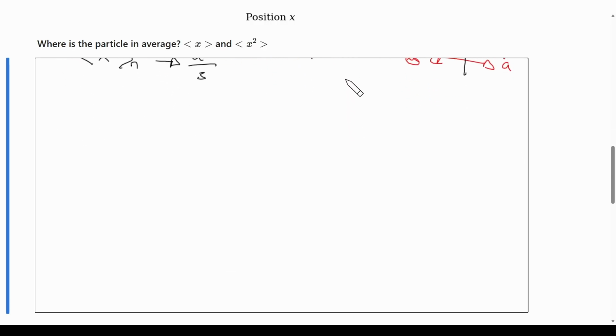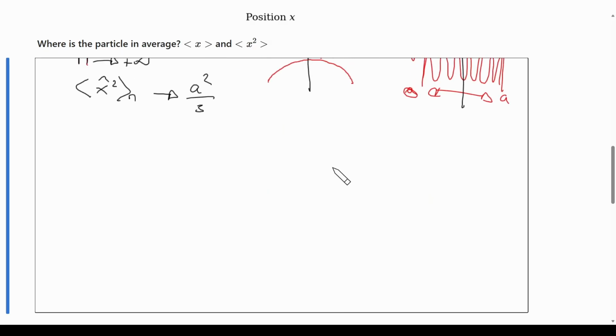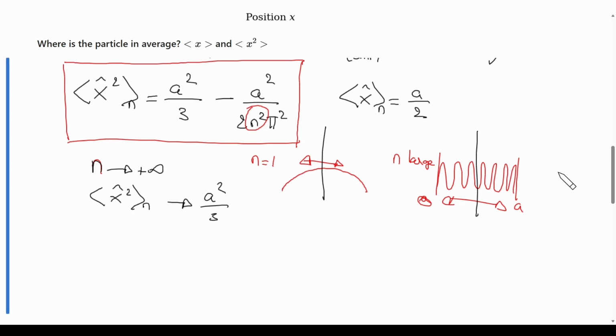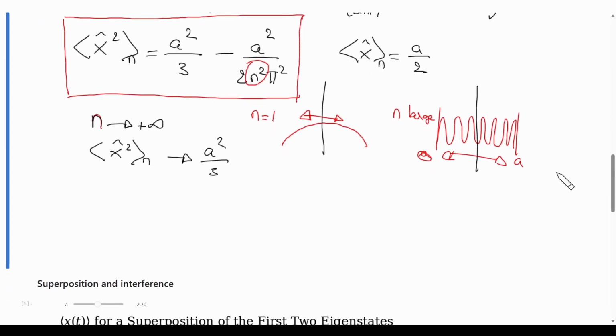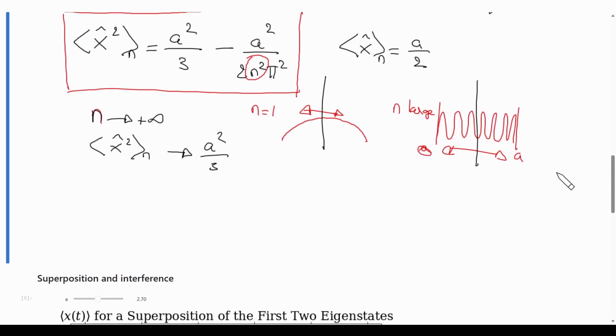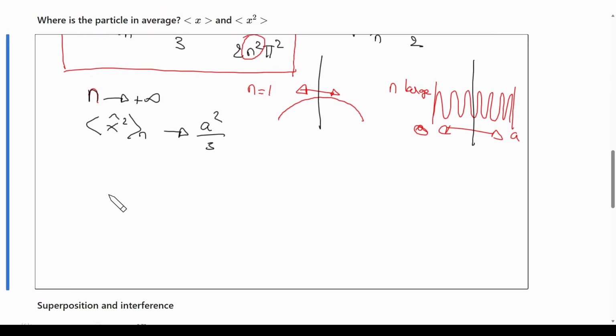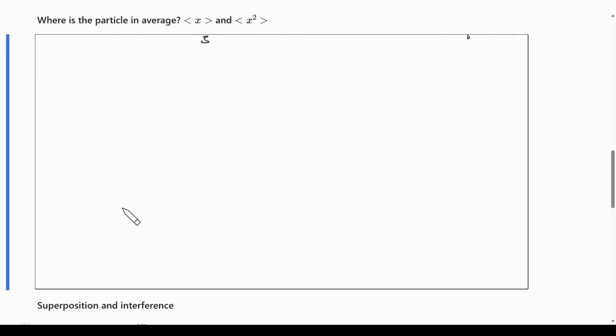Okay, now that we have seen these things, we can look at one last interesting question, which is what happens if we have a superposition and let it evolve in time?